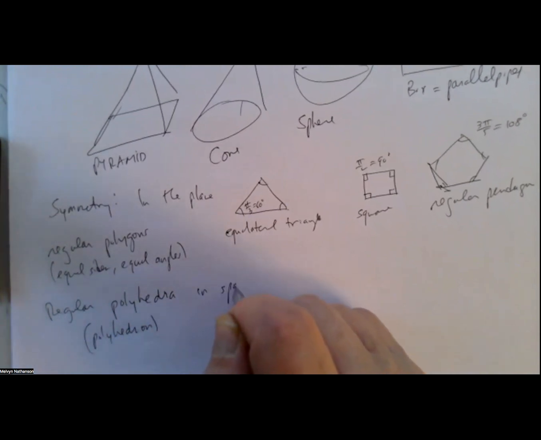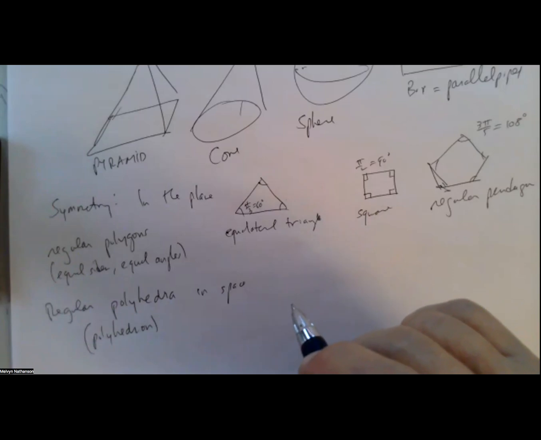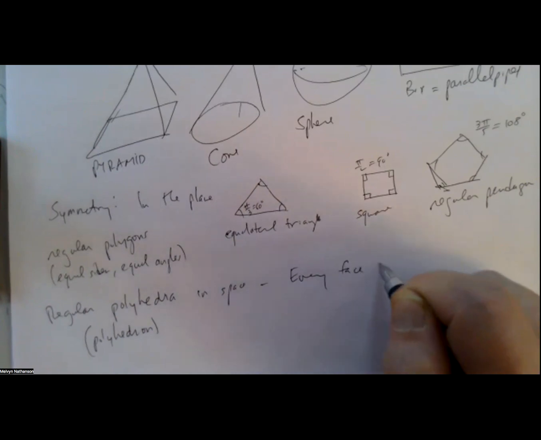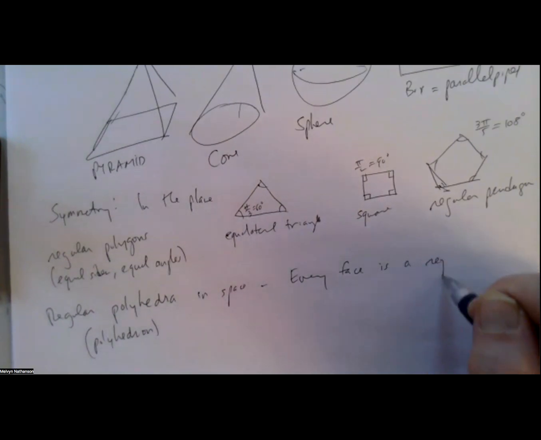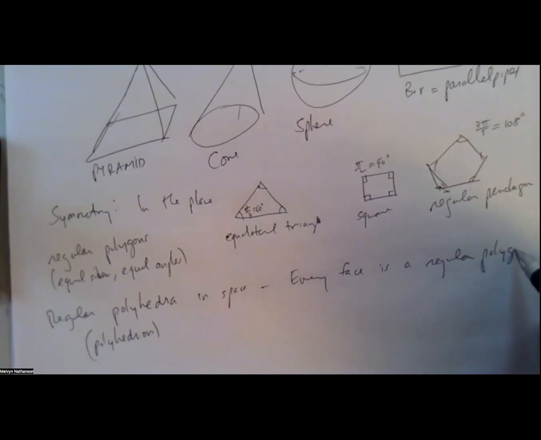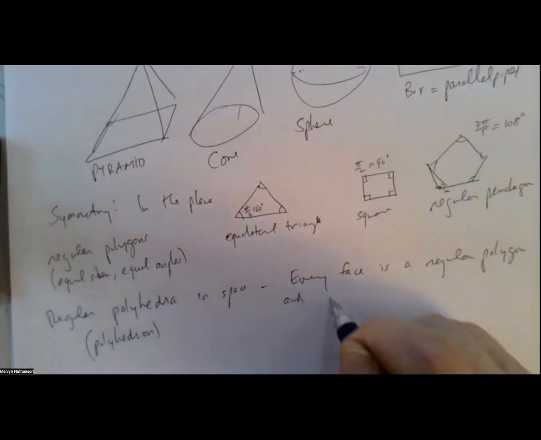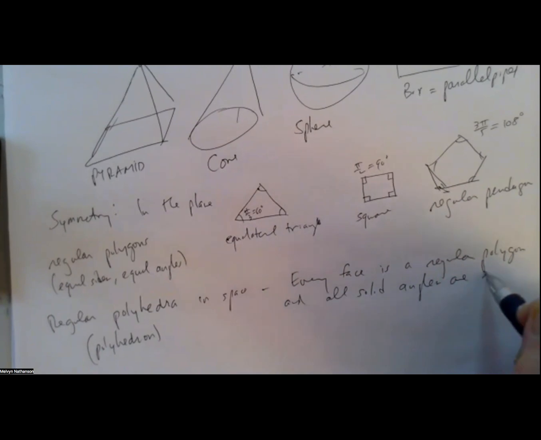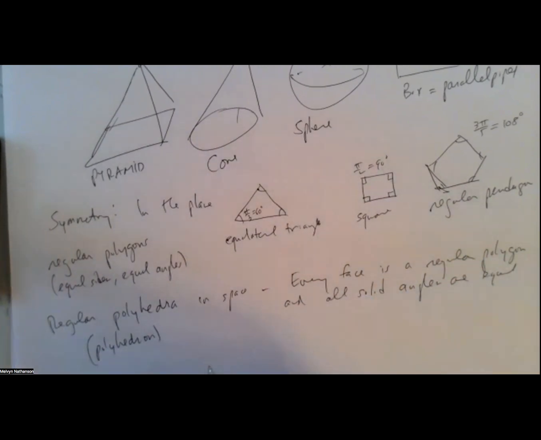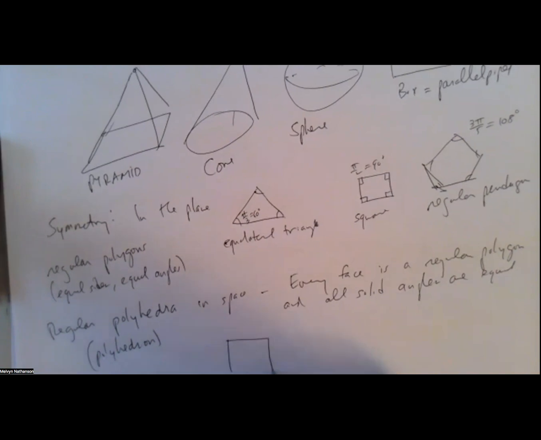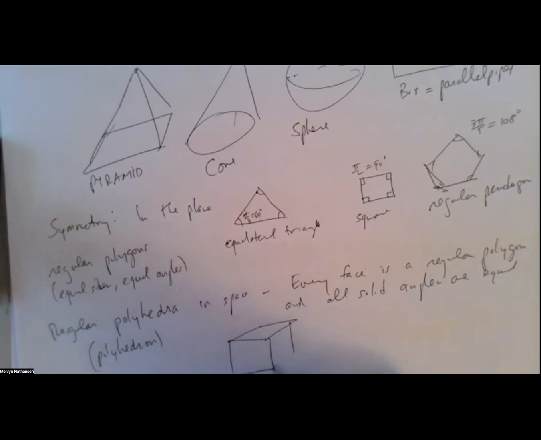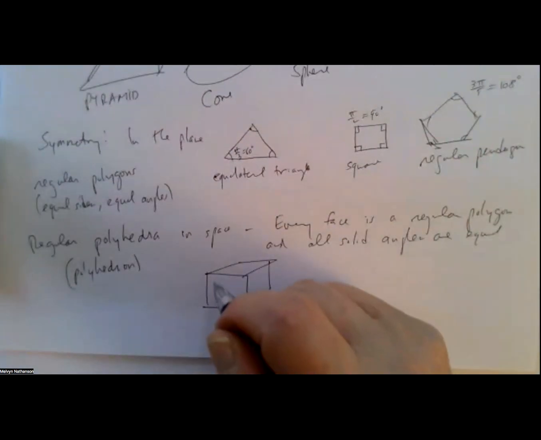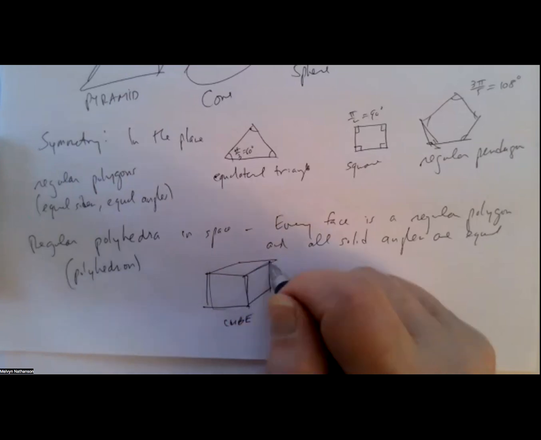These are figures where every face is a regular polygon and all solid angles are equal. So what are some examples? Well, the simplest is a cube. In a cube, every face is a square.